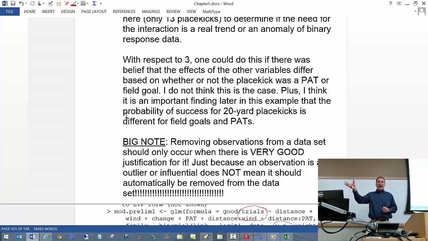Remember we had altitude, and we got rid of altitude early on in the model building process. But if you felt that altitude had a different effect on PATs than on field goals, keeping everything else equal, then okay, number 3 would make sense.